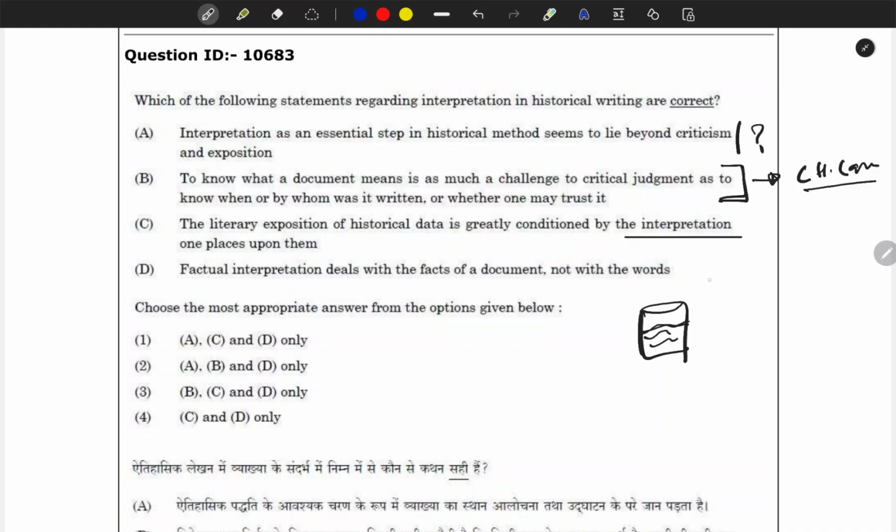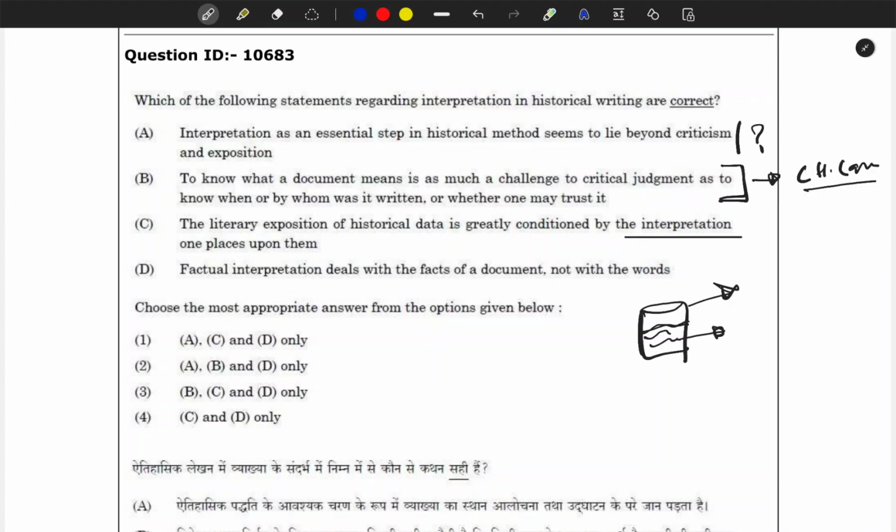One can interpret it as the glass being half empty, and one can interpret it as the glass having half a glass of water. So the literary exposition of historical data is greatly conditioned by the interpretation one places upon it. So the data we get in historical matters, or literature or anything, is bound to be dependent on interpretation.